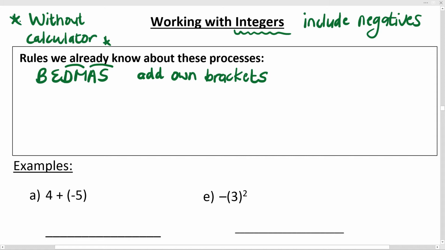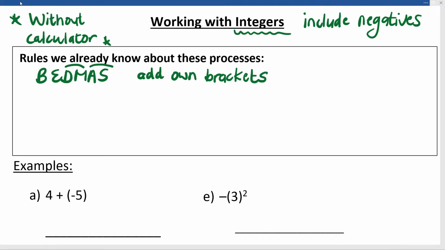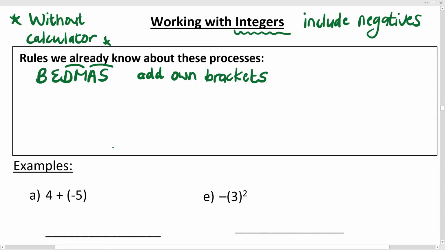I promise you, if an exercise you're doing or something in an exam says do not use a calculator, then it means that the people marking know all the tricks you could use, and they really, really, really want you to do it without using a calculator. And basically the marks are only there for the steps that you do without a calculator.